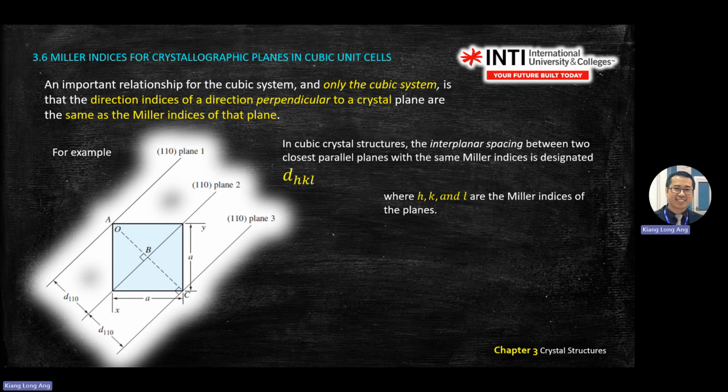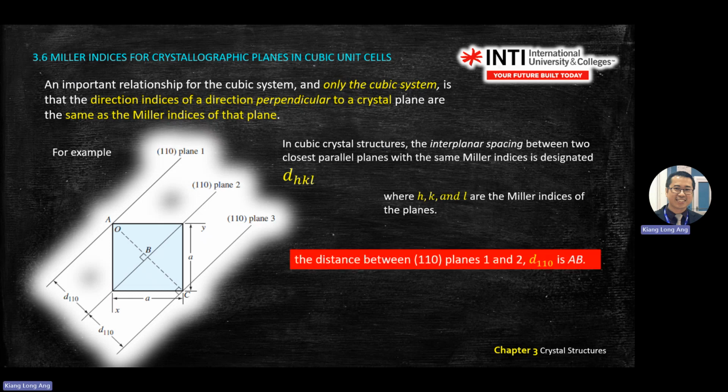For example, the plane of 110, and also another plane of 110 because it's in the same family. So you move one unit. There are 3 planes, for example. If you slide them, then you have a distance d110, which means h, k and l.